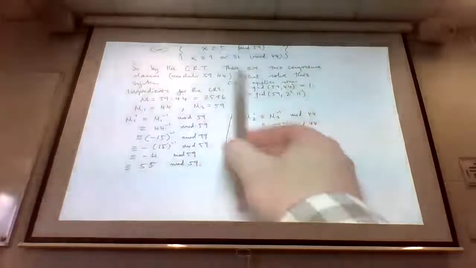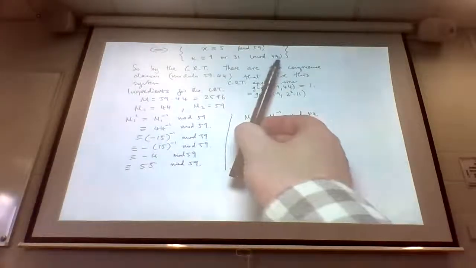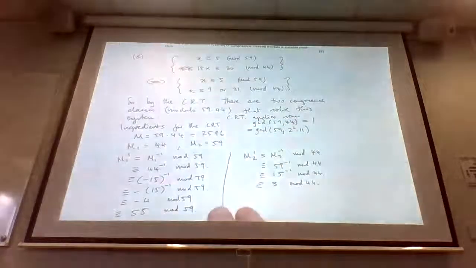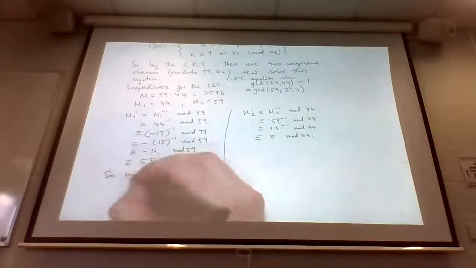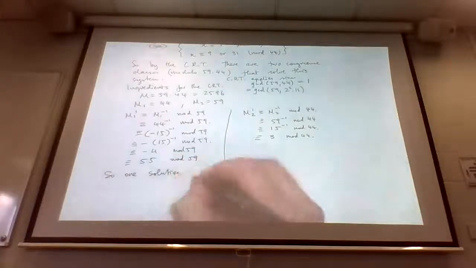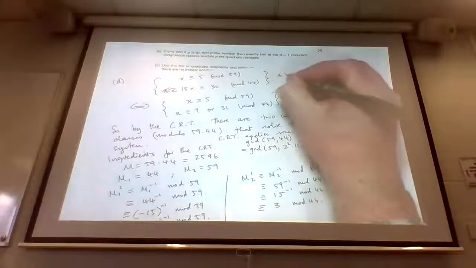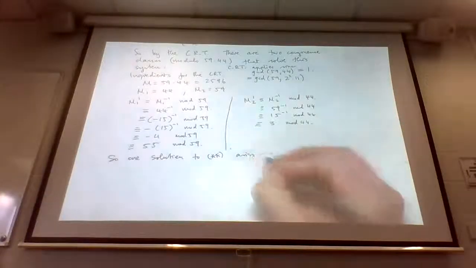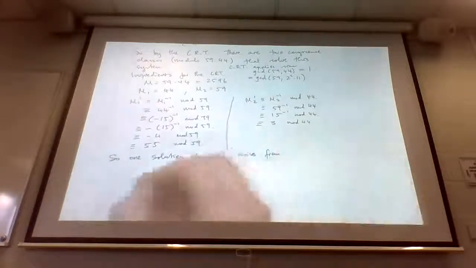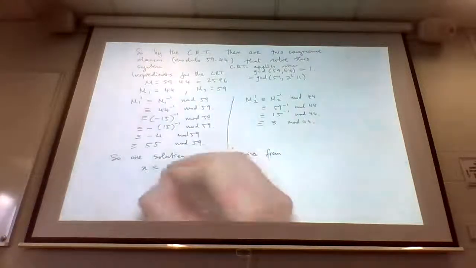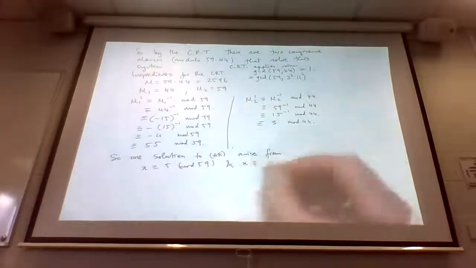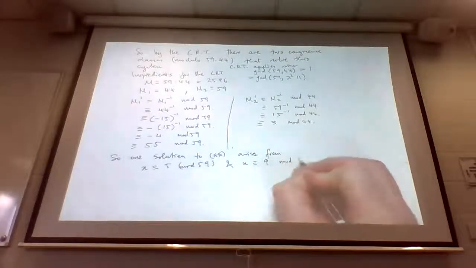So we have two separate congruence classes modulo 44 that generate solutions to the second congruence. I'll label the original system as star star. One solution arises from x being congruent to 5 mod 59 and x being congruent to 9 modulo 44.